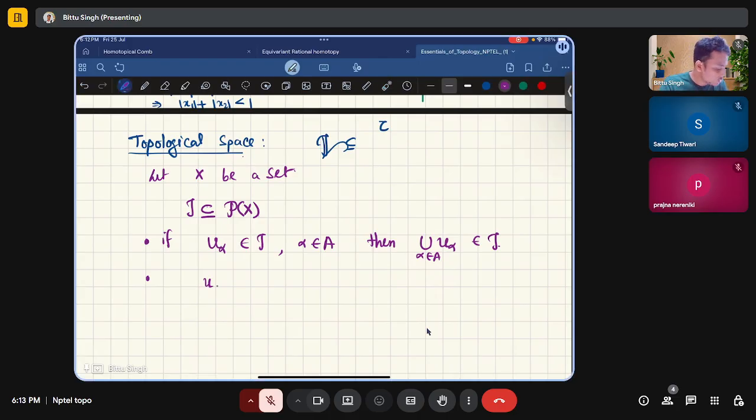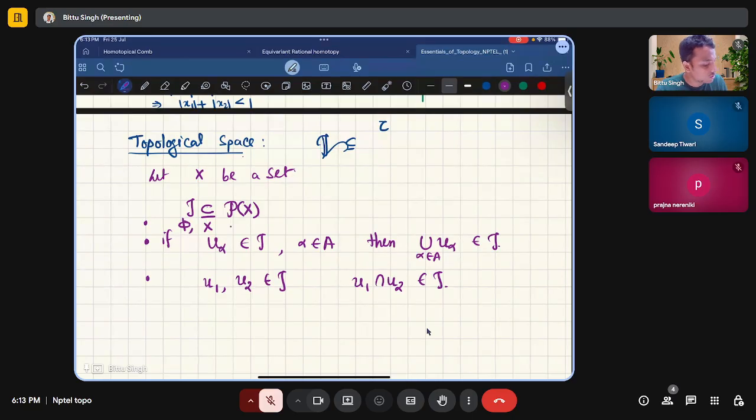Another property is that if U1 and U2, two elements, belong to tau, then their intersection U1 intersection U2 should also belong to tau. Another property is also there, which I had forgotten: the empty set must be an open set, and the whole set X must be an open set.